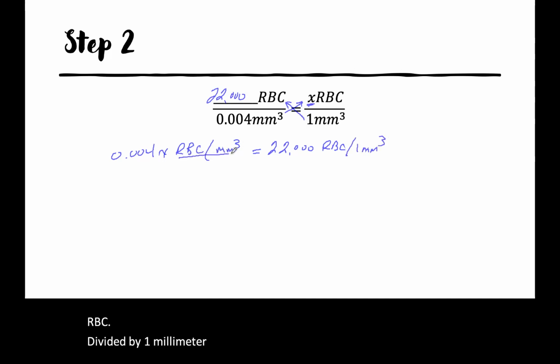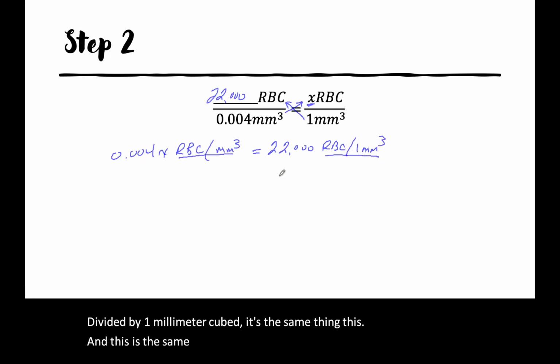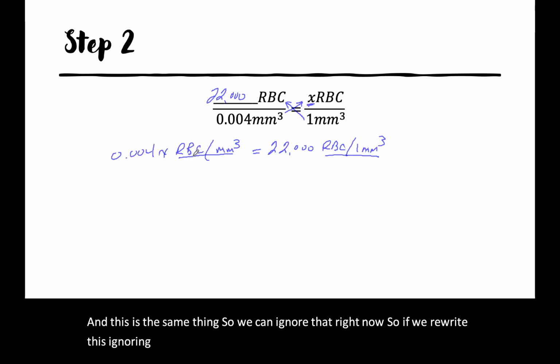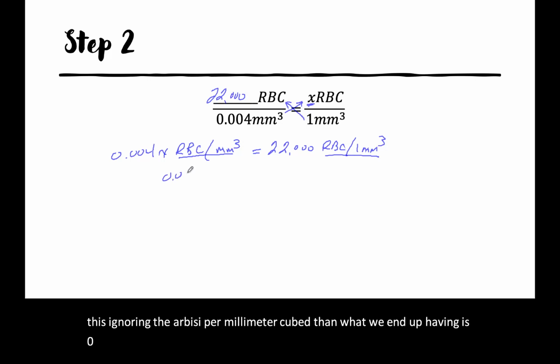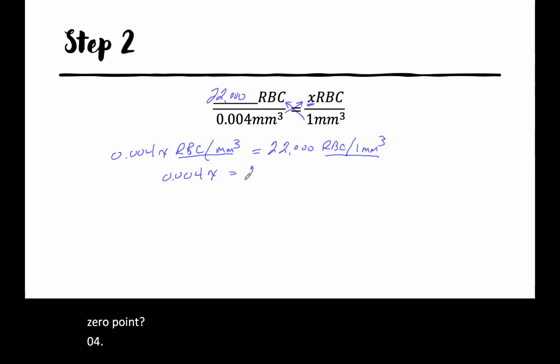It's the same thing, so we can ignore that right now. If we rewrite this ignoring the RBC per millimeter cubed, then what we end up having is 0.004x equals 22,000. All right. And how do we go ahead and solve for x?